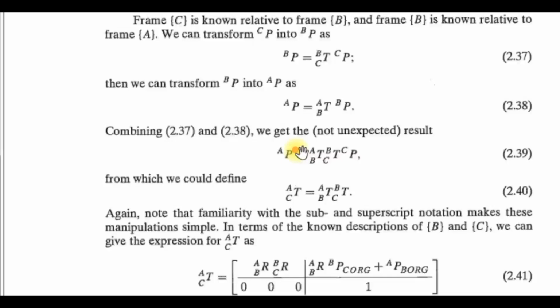So you must remember that when I try to calculate the position with respect to A through B and C, look, first I have to know the position CP, then BP, then AP, means the reverse way.